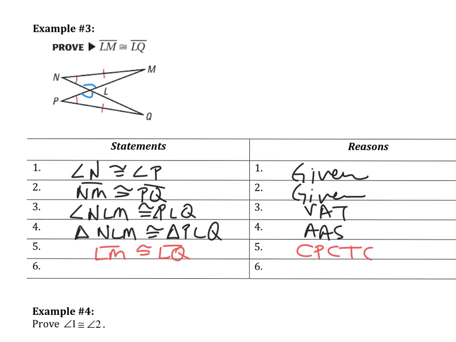All right, so you should have your 2 givens. You should be able to figure out the vertical angle theorem on your own. Triangles are congruent by AAS. And then our new line, the red one, the part we're trying to prove congruent is congruent by CPCTC, okay?